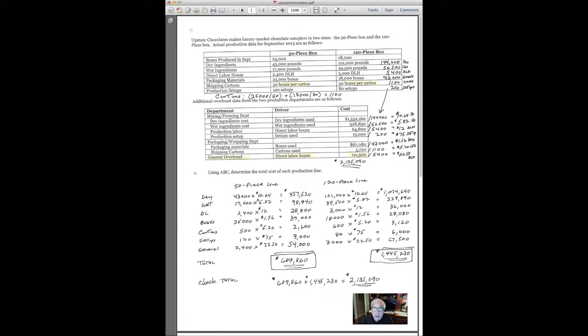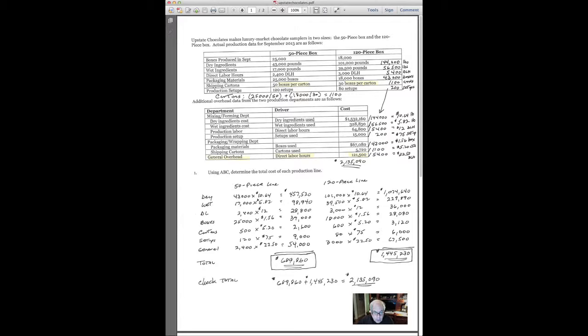So this is the production data for upstate chocolates. The first table is what happened in production, and the second table has to do with the ABC cost pools and their rates. There are 4 cost pools here and 3 cost pools here, so there are 7 items altogether.